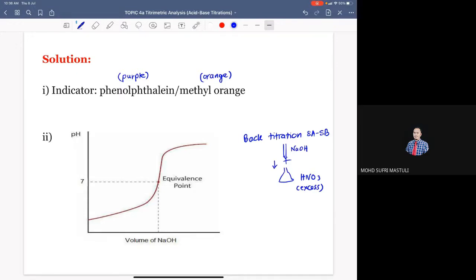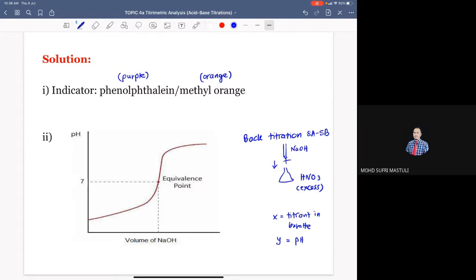So in the titration curve, of course, the y-axis is pH, and the x-axis is whatever titrant in the burette.